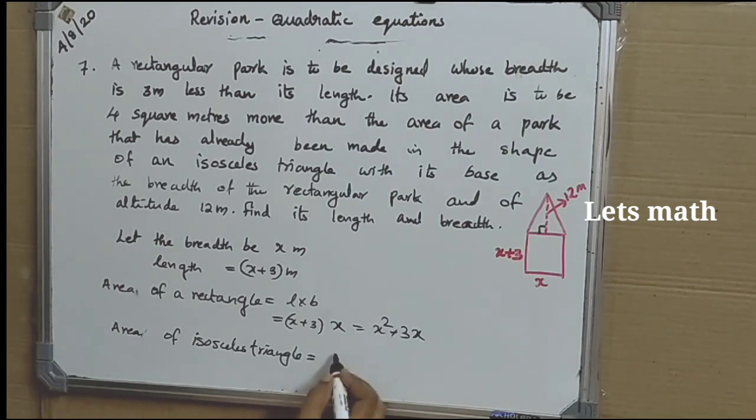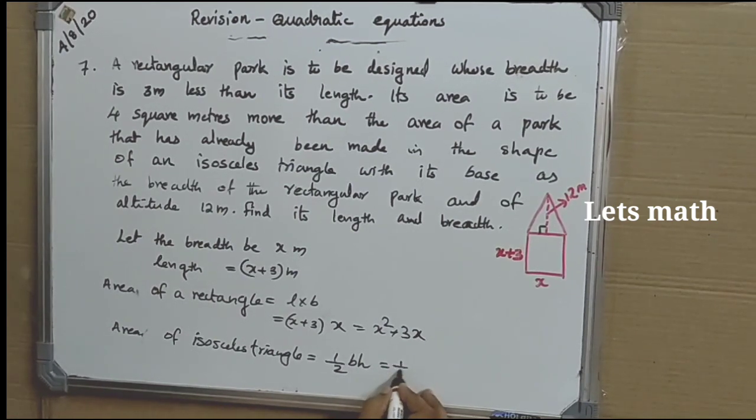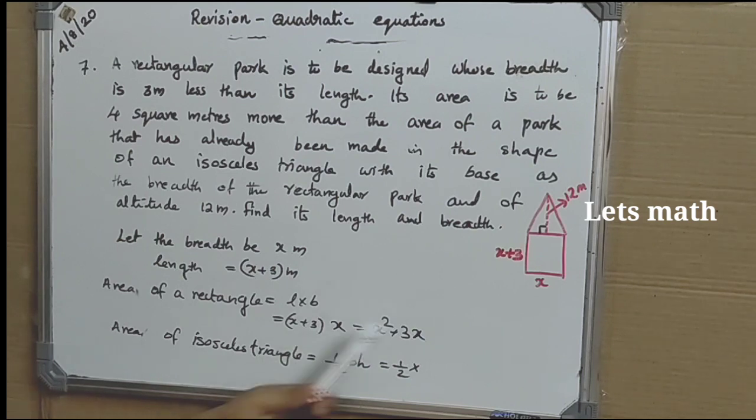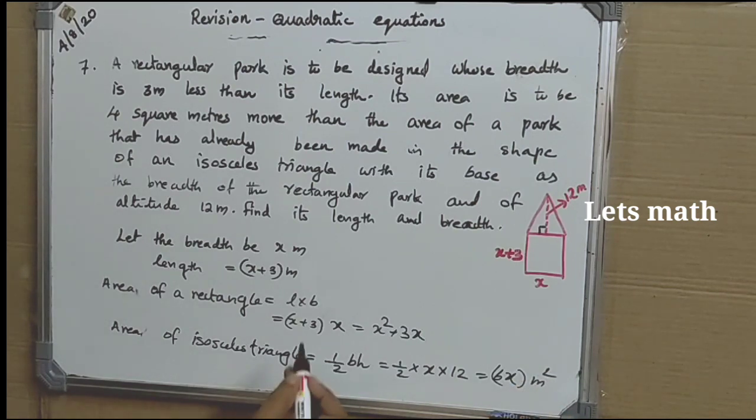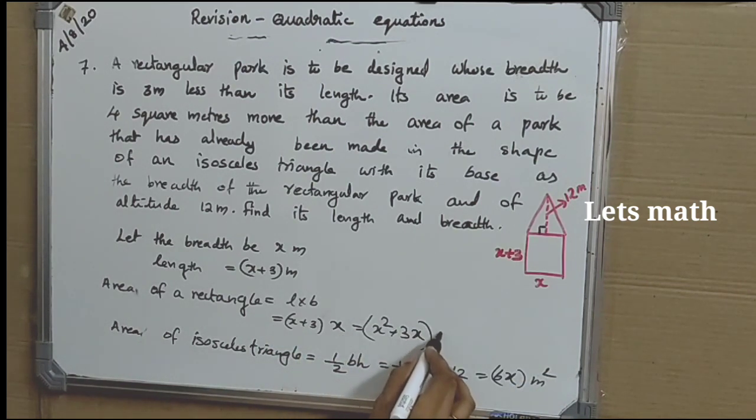So we can use the formula half base into height, that is half into base. It is given that it is equal to the breadth of the rectangular park, so base x, into h. The altitude is given as 12. So we get the area of the isosceles triangle as 6x square meter. So here also it is in meter square.